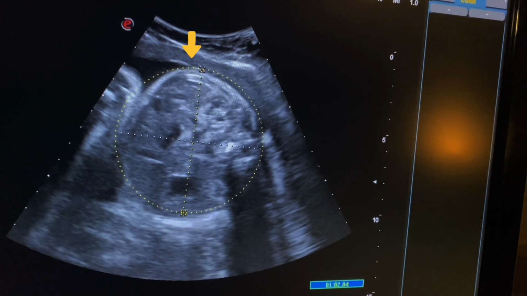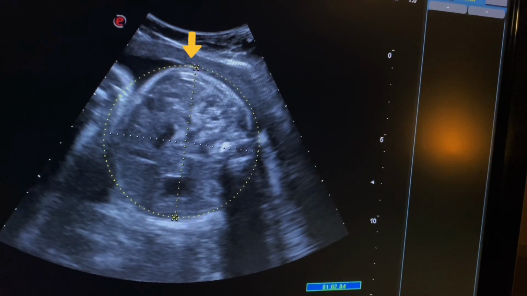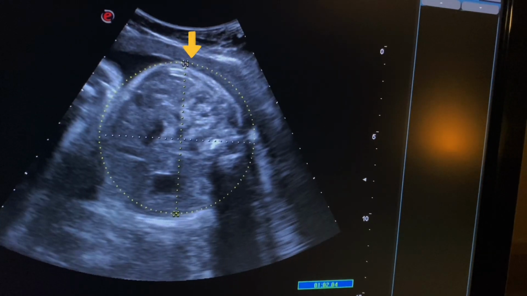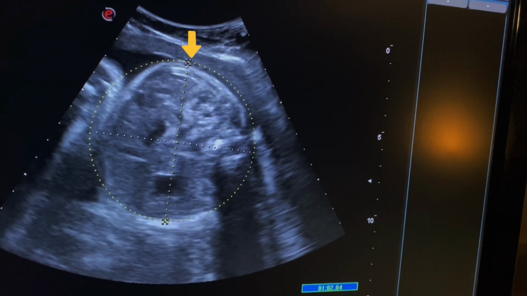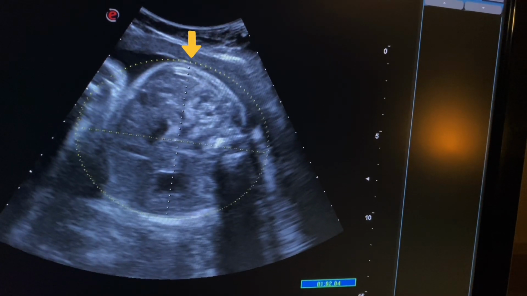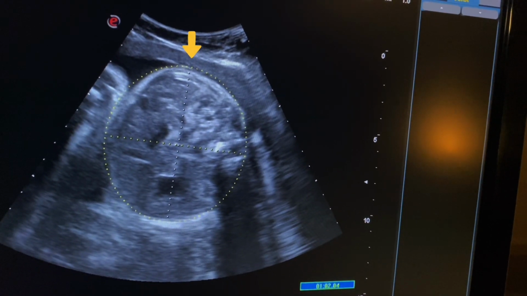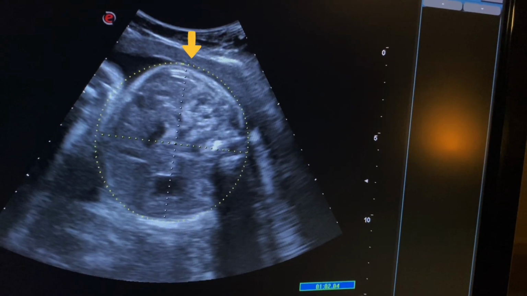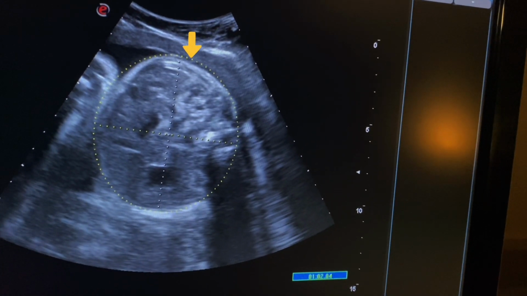First we will set the cross-section from one side, and then we adjust the second cross-section to the other side. We will take the maximum size of the abdomen.